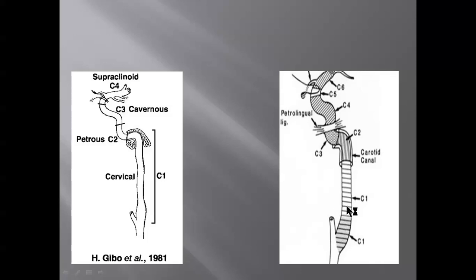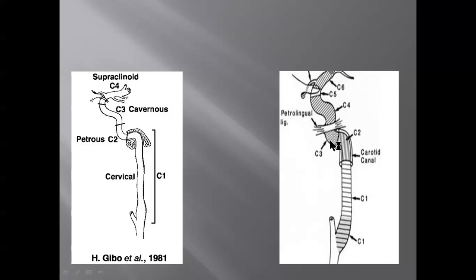This is the Bouthillier classification over here. We can see the Petrous part over here, and later on C3 would be the lacerum part, because the carotid canal is in continuation with the lacerum part of the bone. It's the cartilaginous structure over there. So the carotid canal gets in continuity with the lacerum part.